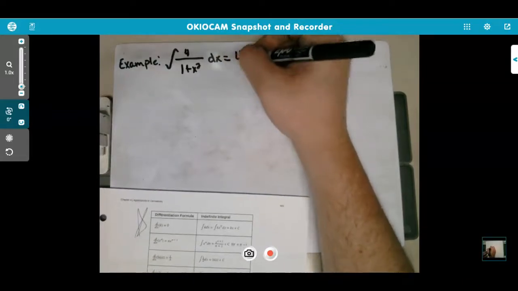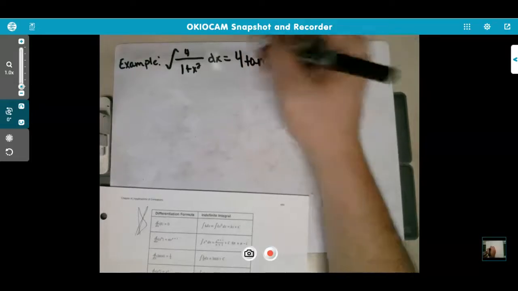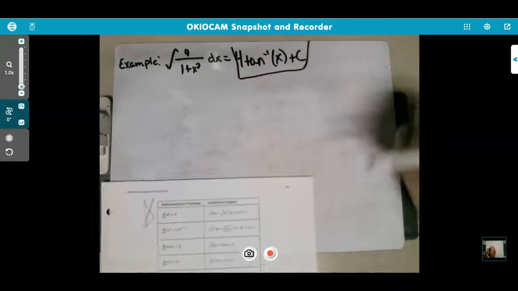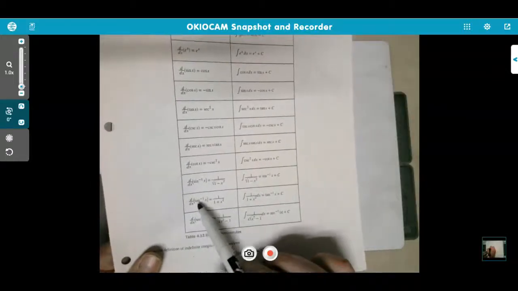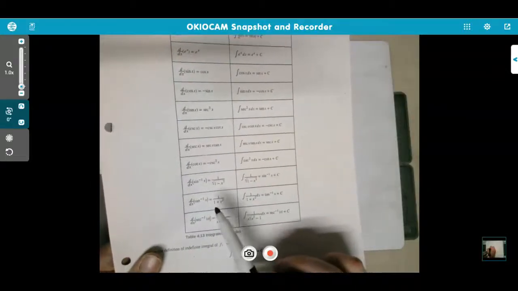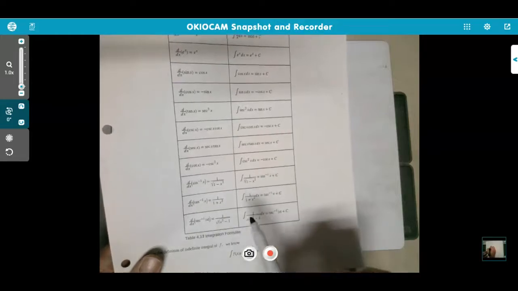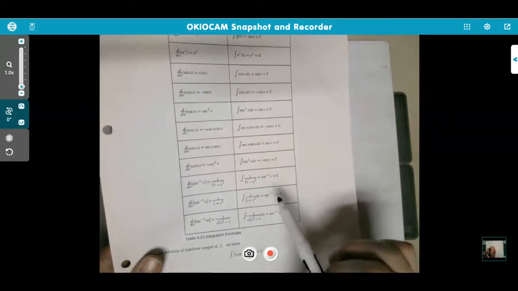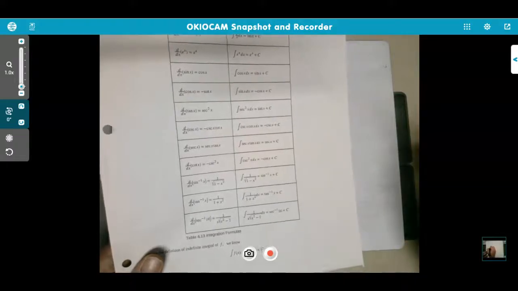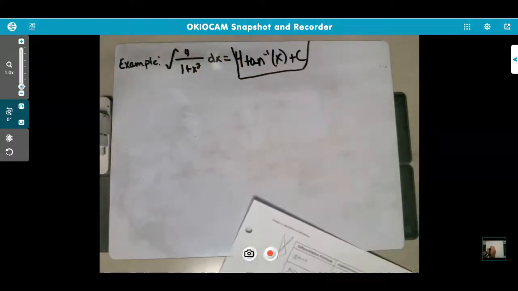So this would be 4 times the inverse tangent of x plus c. Again, because from our rules we know the derivative of inverse tangent is 1 over 1 plus x squared. So if I want to go backwards, that means the integral of 1 over 1 plus x squared is the inverse tangent of x. But since I have a 4, it's 4 times that.